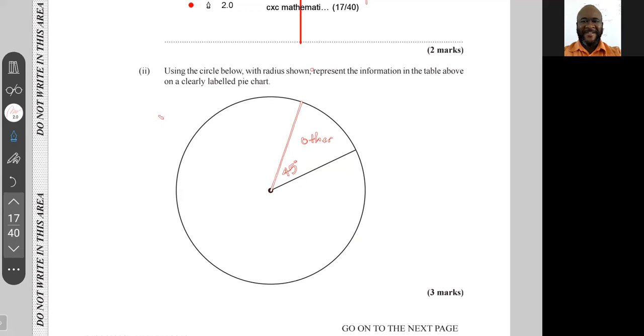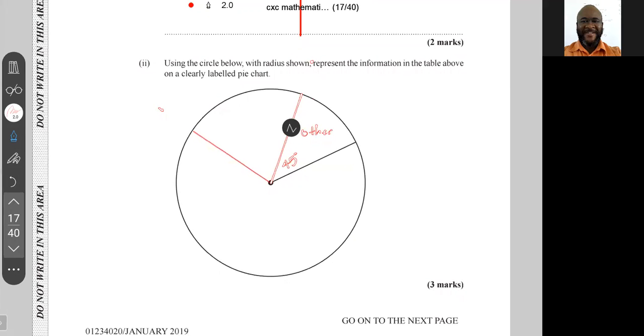All right, so I put a mark for 75 degrees. I line up the mark with the center, and I draw my line until it reaches the circumference of the circle. And this now is 75 degrees, and 75 degrees corresponds to Ophone.